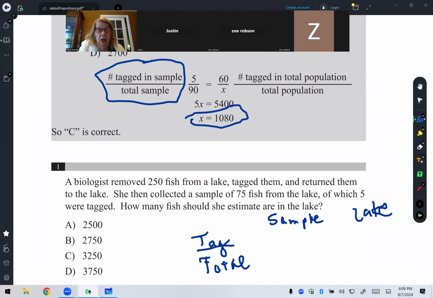Okay, so we know that when we have 250 fish in the whole lake that are tagged. We don't know how many fish are in the lake yet. The total sample is 75, and there's only 5 that are tagged. So now we could just cross multiply, and I'll let you do that.